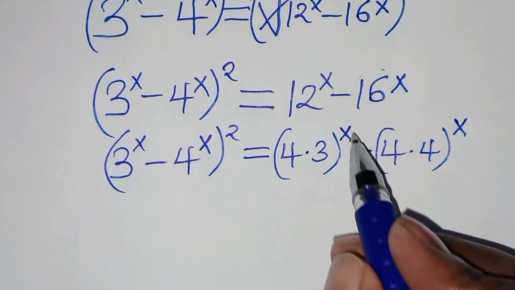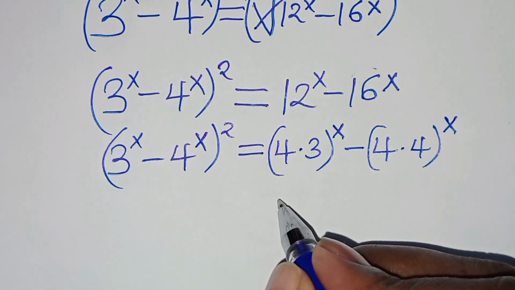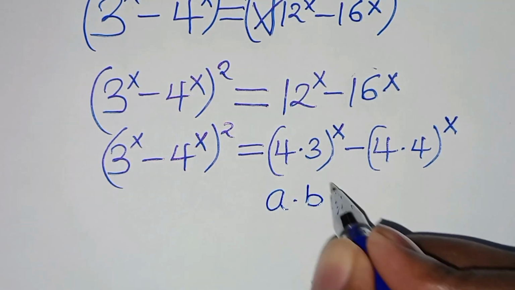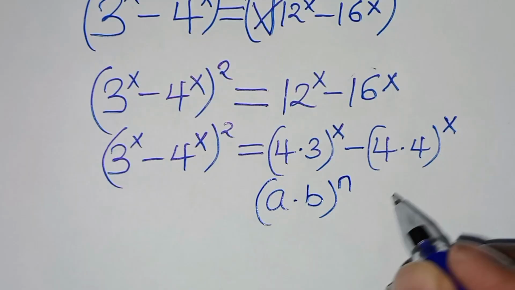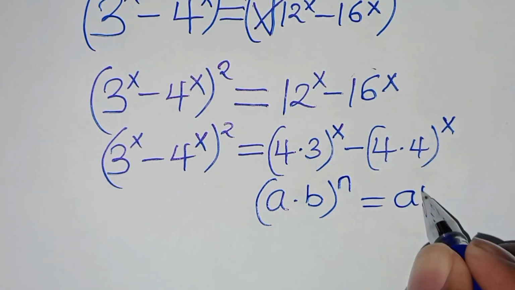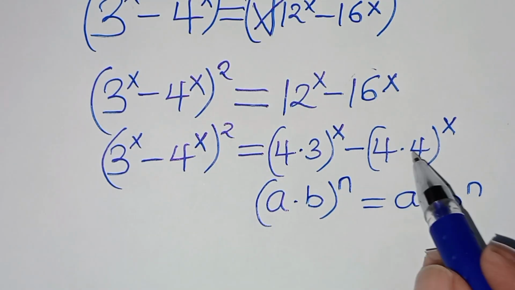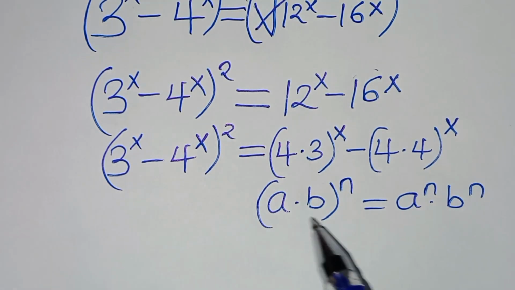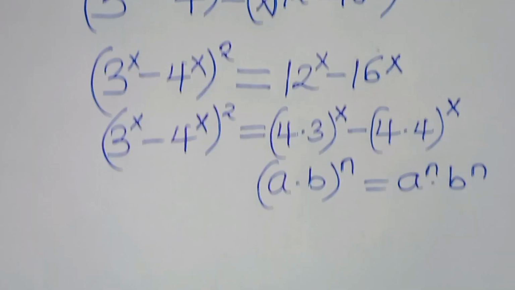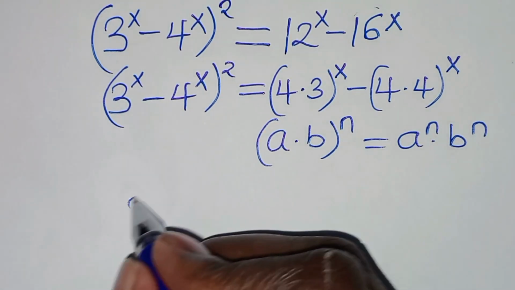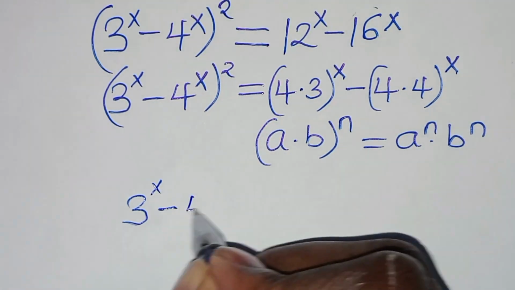Now, 4 times 3 raised to power x is in the form of a times b raised to power n, which we can express as a to power n times b to power n. 4 times 4 raised to power x is also in this form.